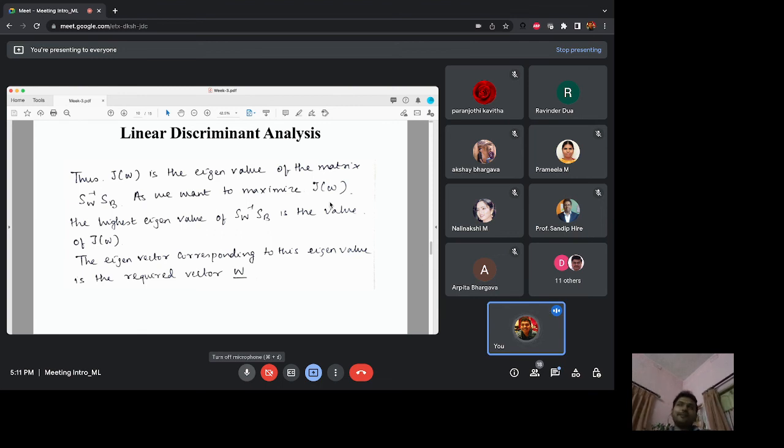LDA is a technique that has been there for a long time. But coding is something I wanted to show you, because with that you will get some feel about how things are done. When logistic regression and SVM are taught, I will code one of the two in the class.